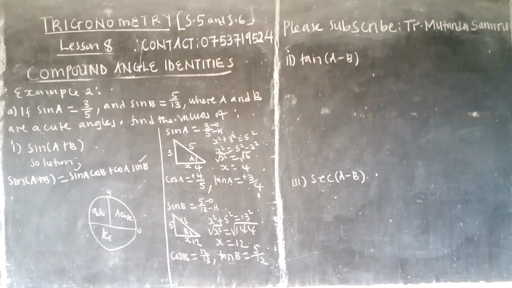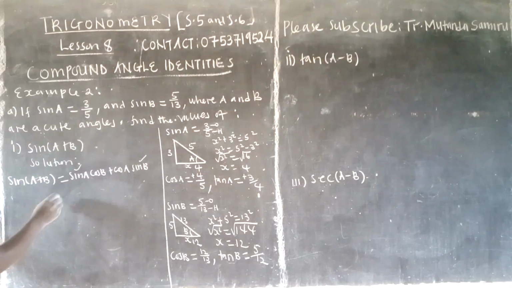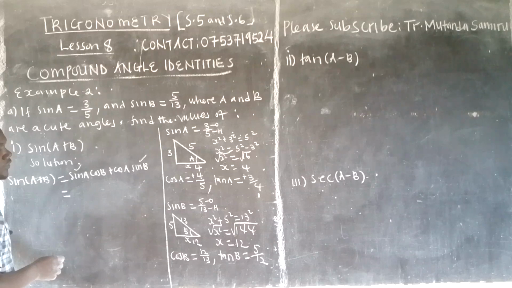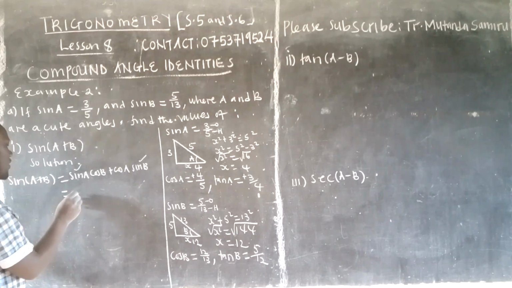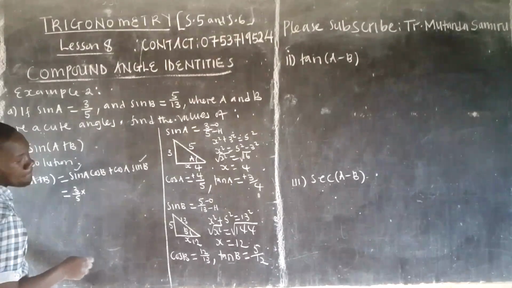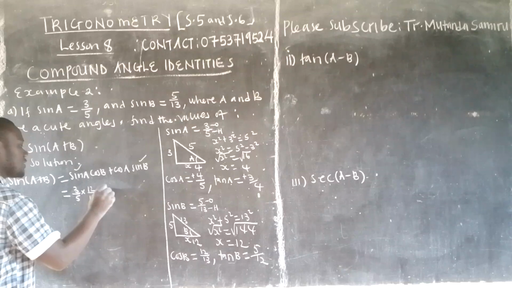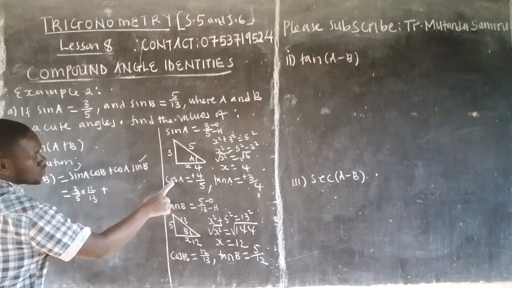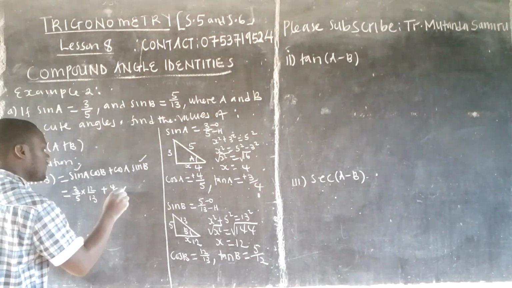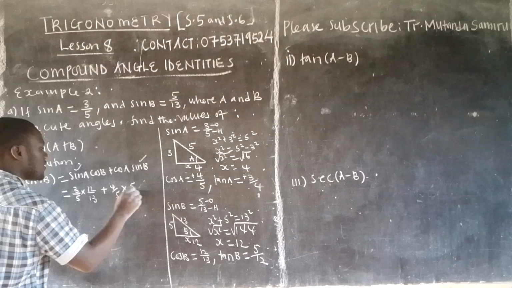The next thing I'm going to do is bring that and substitute in here. So this will now be equal to sine A cos B. Sine A is 3 over 5, times cos of B. Cos of B is 12 over 13, plus cos A. Cos A is 4 over 5, times sine B, which is 5 over 13.